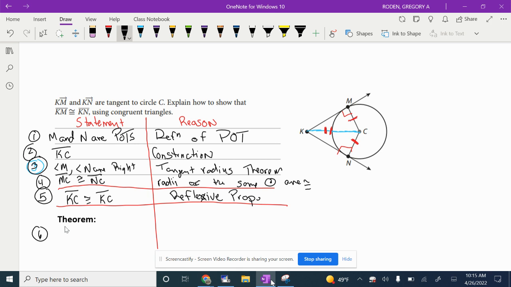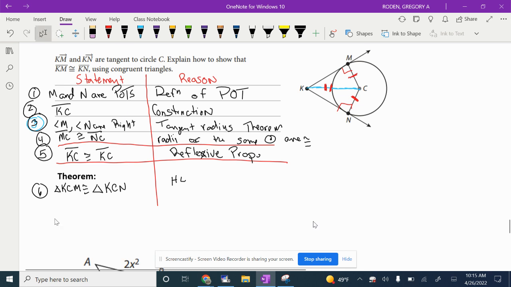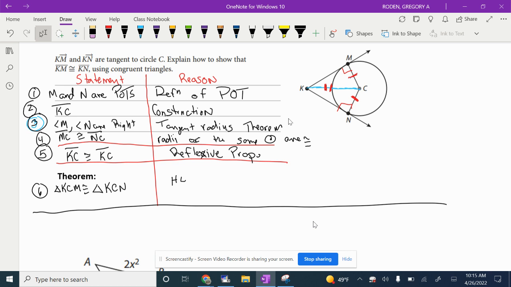So now we can state the two triangles are congruent, saying we can now state those triangles for me, Xavier. KCM is congruent to what? KCN. And why is that true? HL, the acceptable version of angle side side. Now, we're not done yet. We've just proven the two triangles are congruent, but we've got pretty much all of the work done.